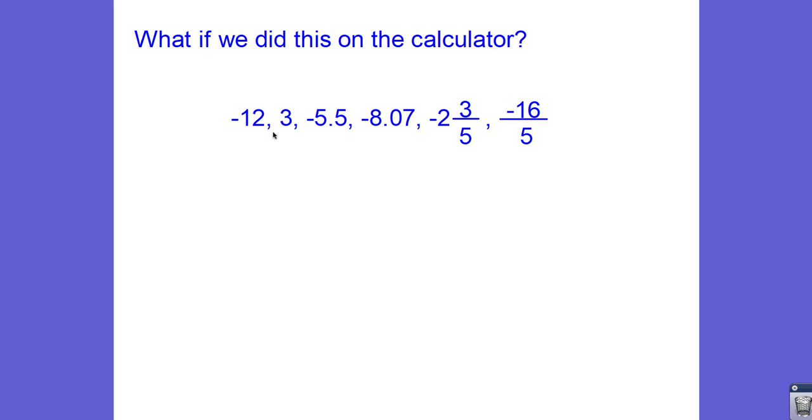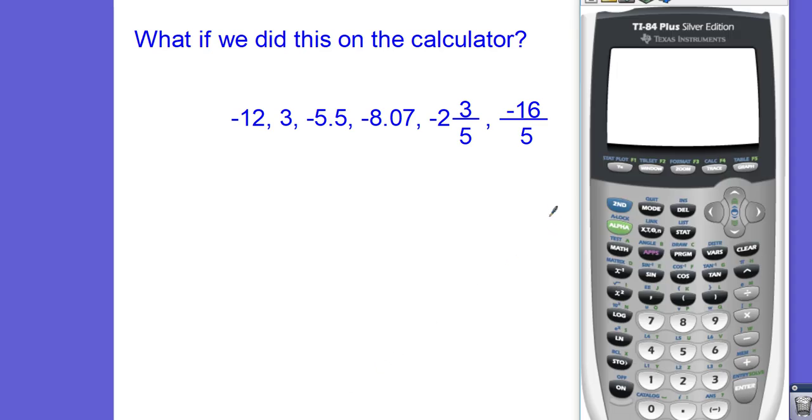So if we were to look at these numbers right here, first we want to change their form. One of the things that I would do right here, this -2 3/5, well, 3/5 we know is 0.6, but if I wanted to check that, we could bring up our calculator, and 3/5 just means 3 divided by 5. So we do 3 divided by 5, and that gives us 0.6 as our answer.